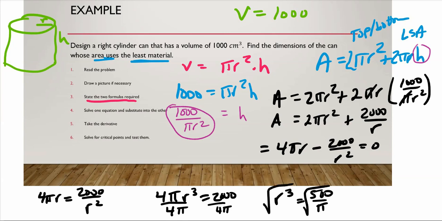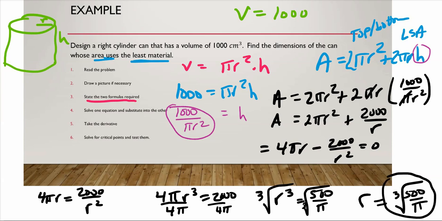So r is going to equal the cube root of 500 over pi. And this is where we're going to have the minimum value. Now, how do I test it? Well, I have to make sure that it's concave up, and then it's going to give me a minimum.